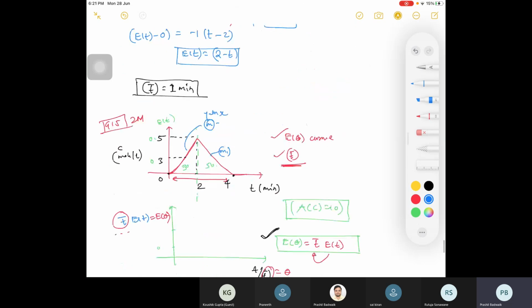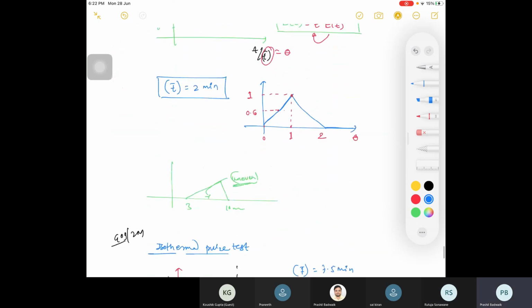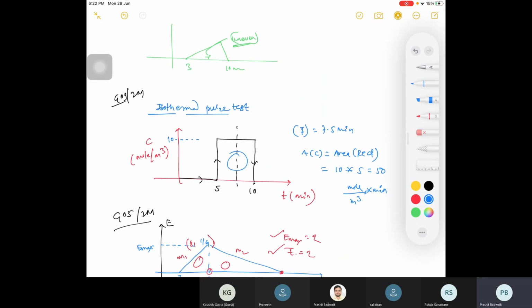So your t mean is 1, the same as when you calculate using the equation. In the second question, 0 plus 2 plus 4 divided by 3 is 2 minutes. Then the next one, I cannot use these, but if I use them I'll get the same equation: 0 plus 5 plus 10 divided by 3, 7.5 minutes.